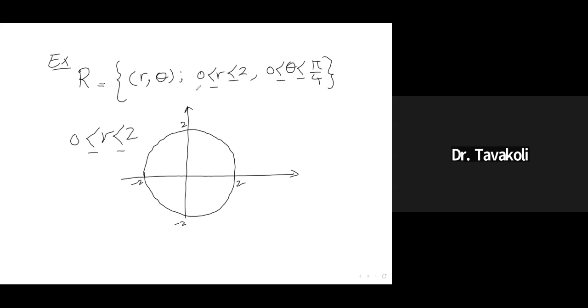But here I also have some other condition. The theta, the angle, must be from 0 to pi over 4. So if I draw a line here that the angle is pi over 4. So the region that you see has been described up there consists of this shaded region.